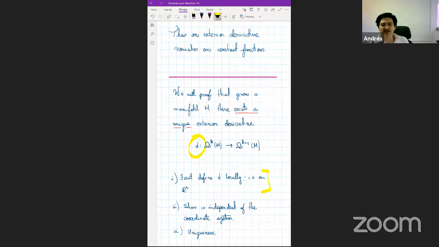But on a manifold, we have different charts around the same point. So we will show that it is independent of the coordinate system that we use. And finally, we will show uniqueness of d. Okay, so let's start with one. What is the differential locally, or in Euclidean space?